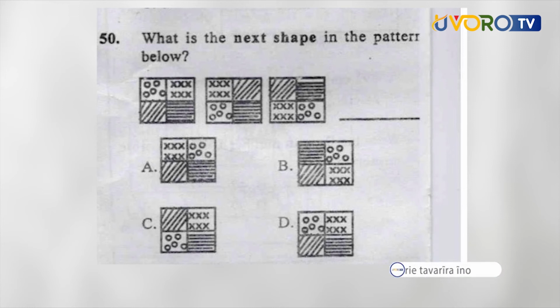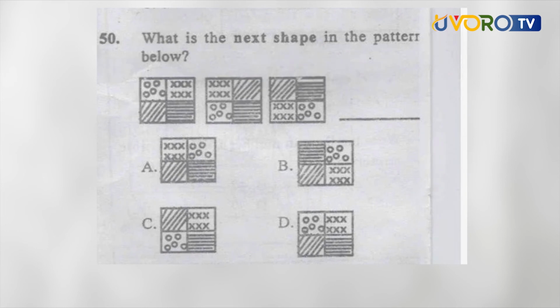The second one starts with zeros and the lines. We go to the third. It starts with zeros, and the fourth actually has the X's.